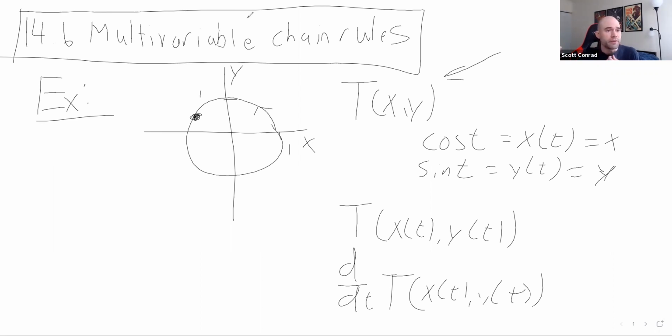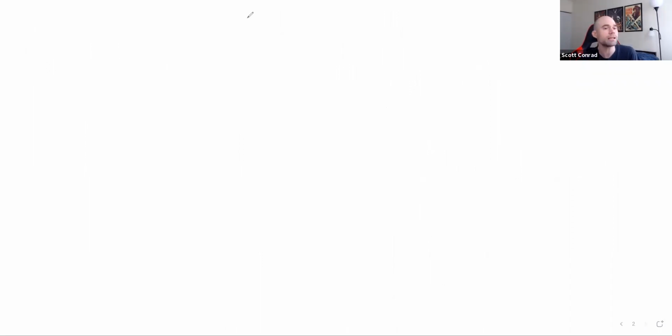So it seems to be a function of two variables, but each of those variables is a function of one variable. And of course, we can change the number of variables, so we could initially have a function of 3 variables, and each of those is a function of 2 variables, et cetera. There are any number of combinations, and each of these leads to different chain rules. But there's a nice simple rule we can use to determine all the chain rules. And basically, it just comes down to drawing a tree.